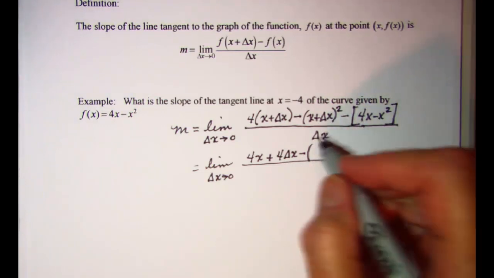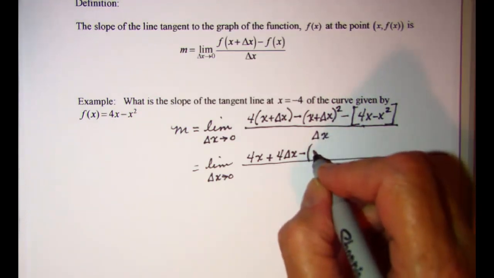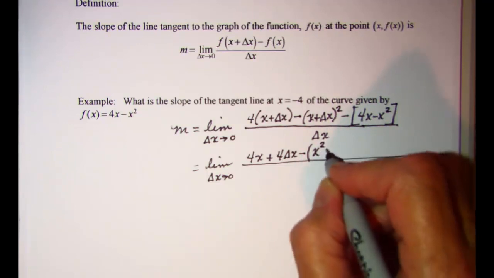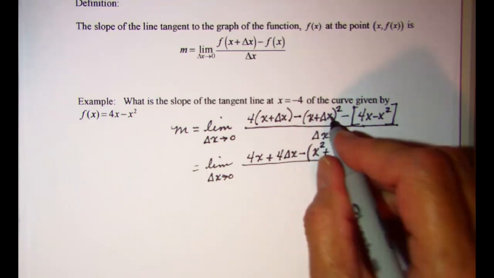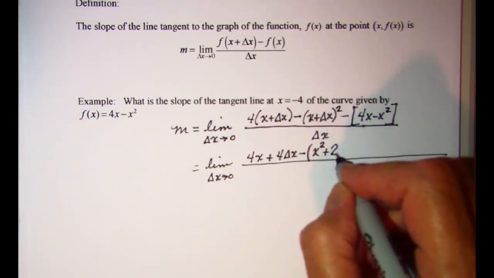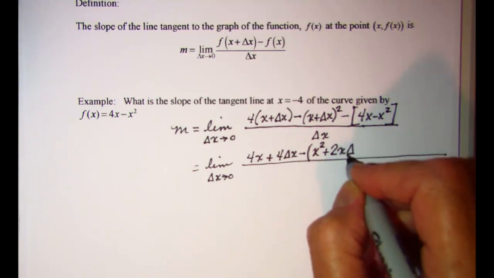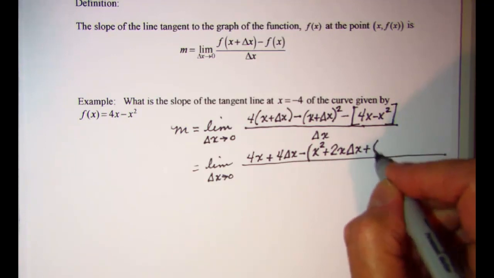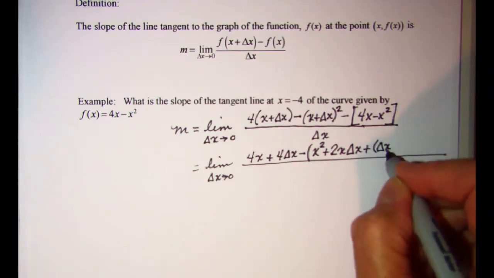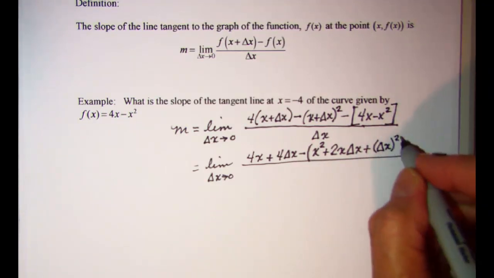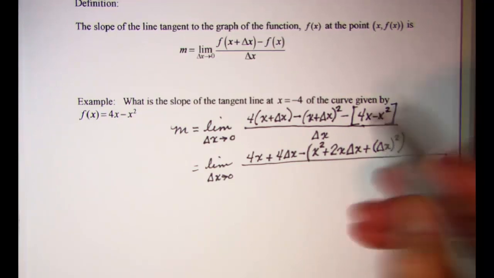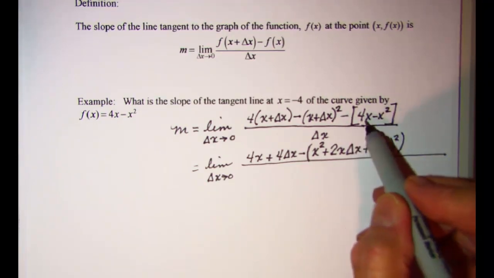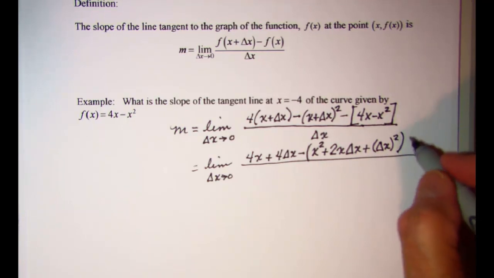Squaring x plus delta x gives me x squared plus 2 times x times delta x plus delta x squared, and then we need to distribute this minus through the binomial.